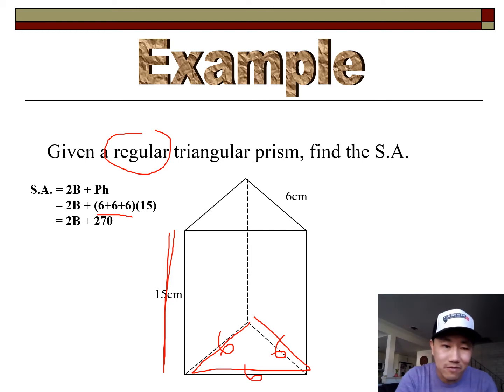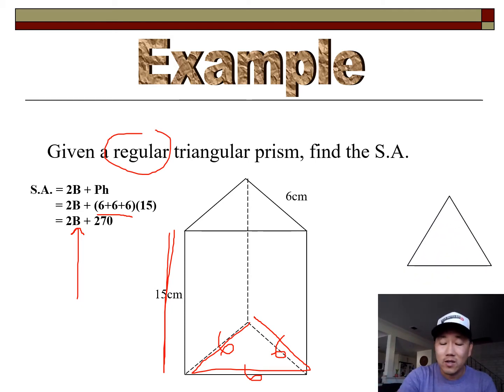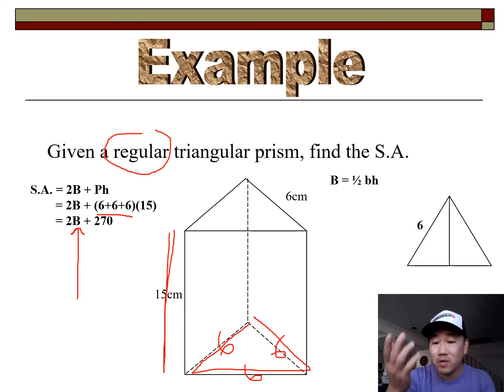Now we have to find the big B, the area of the base. The area of the base is a triangle, and to find the area, it's 1/2 base times height. There's the base, and then there's the height. But we have to find it first. Because we're using the altitude, it does cut this triangle in half, so we have a 3.